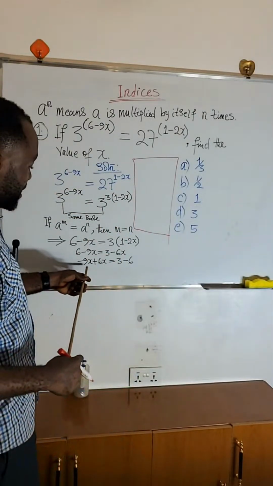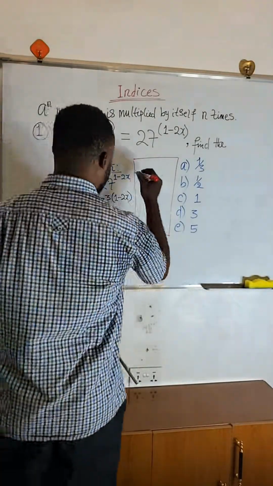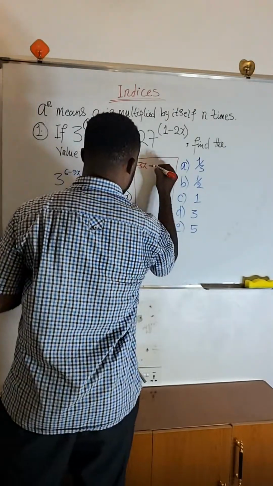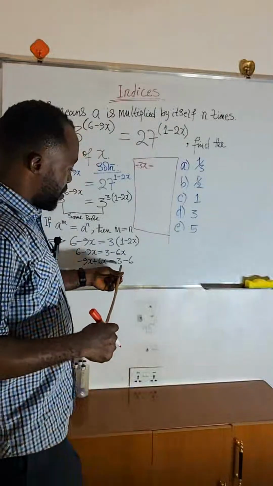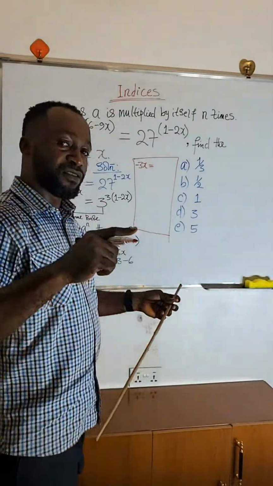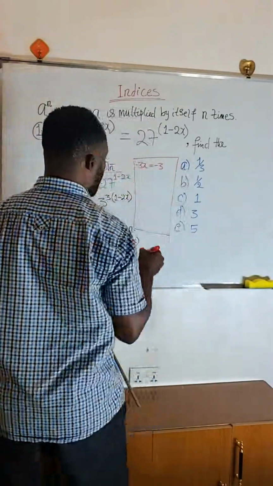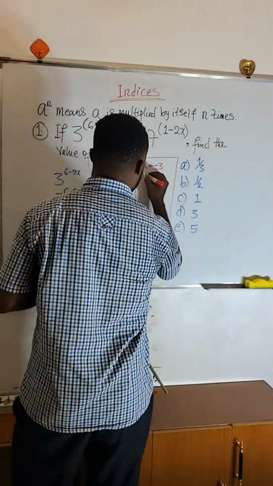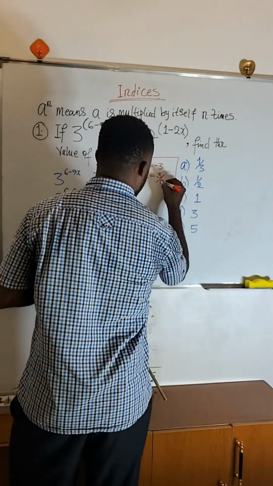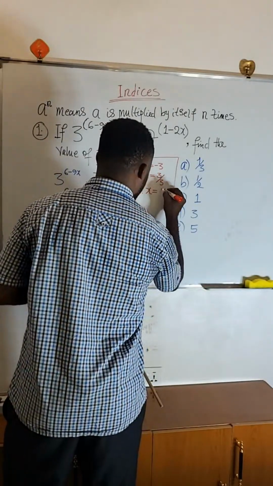So you can now see that minus 9x plus 6x is minus 3x, equals, on the right-hand side, 3 minus 6, which is minus 3. So x equals 3 over 3, and therefore x equals 1.